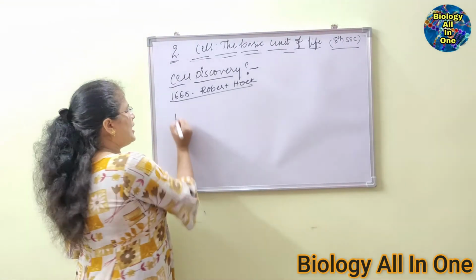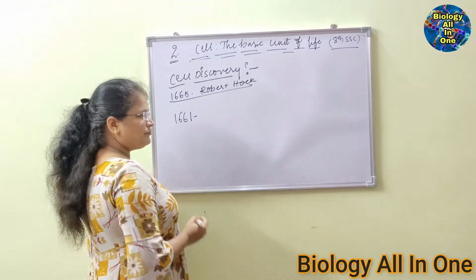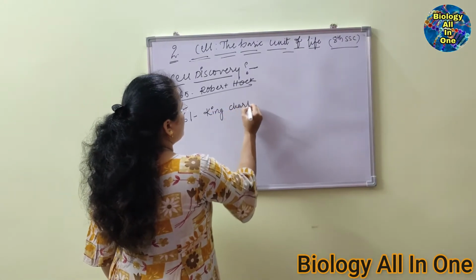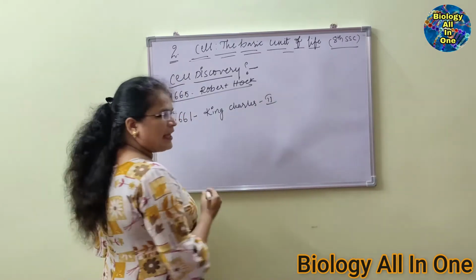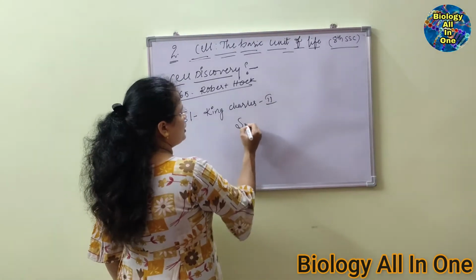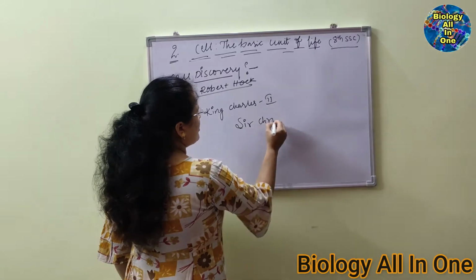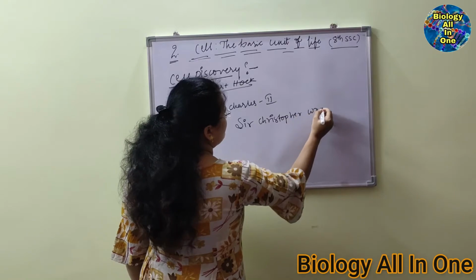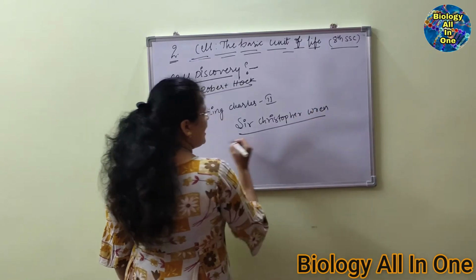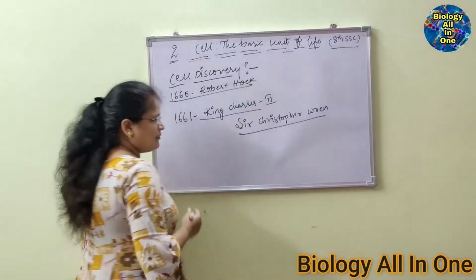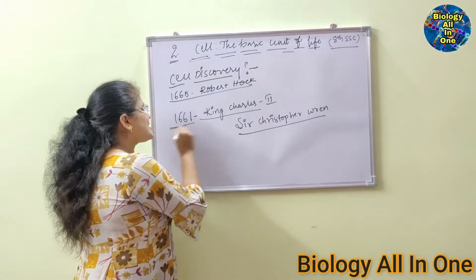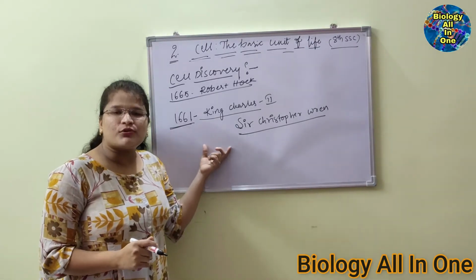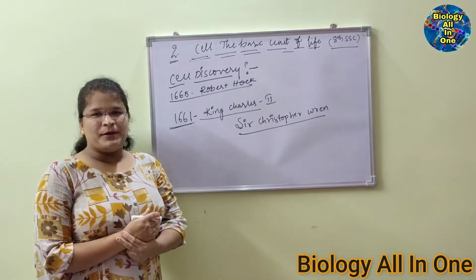See here, in the year 1661, King Charles II got a gift from the architect Sir Christopher Wren. He gave a gift to King Charles, the King of England. Those days were the early days of the discovery of the microscope.